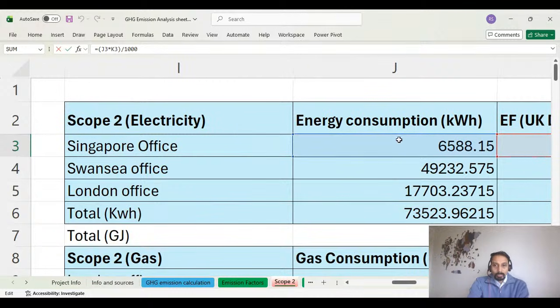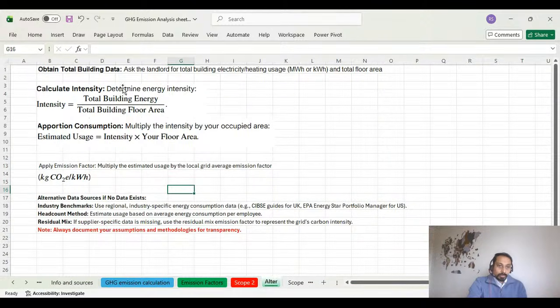Now, if you don't have the energy consumption handy, or you don't have a smart meter to monitor the energy consumption, or you don't have the utility bills, or your supplier is not supplying the raw data, then what to do? For that, you have an alternative methodology. You can obtain the total building area, and you can ask your landlord if you are on a lease, for the total building electricity, heating or cooling usage in MWh or kWh, and the total floor area. Based on that, you can first calculate the intensity: the total building energy divided by the total building floor area.